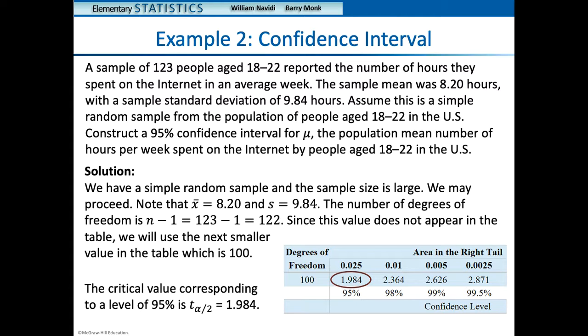The sample size is 123, which means that our desired degrees of freedom is 122. But 122 does not appear on the table, so what we'll do is we'll use the next smaller value in the table, which is 100. And we'll take the number in that row that corresponds to 95% confidence, and we'll find that number is 1.984. So that's the number we will use for our critical value.